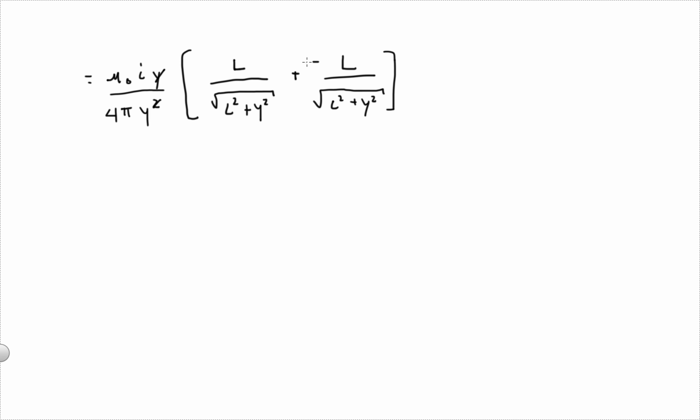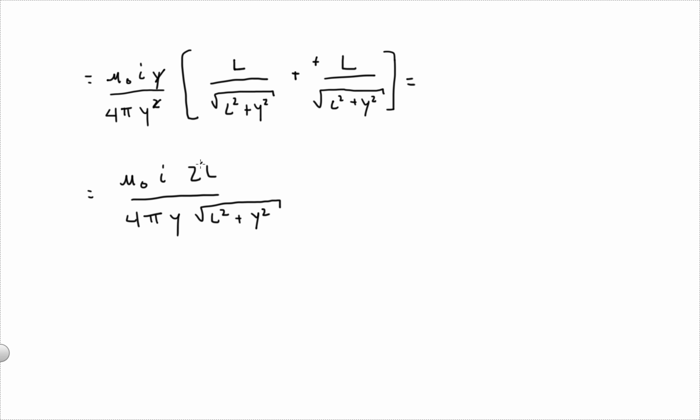And so these two become positive, and we have a nice little sum of mu naught I times 2L over 4 pi y times the square root of L squared plus y squared.